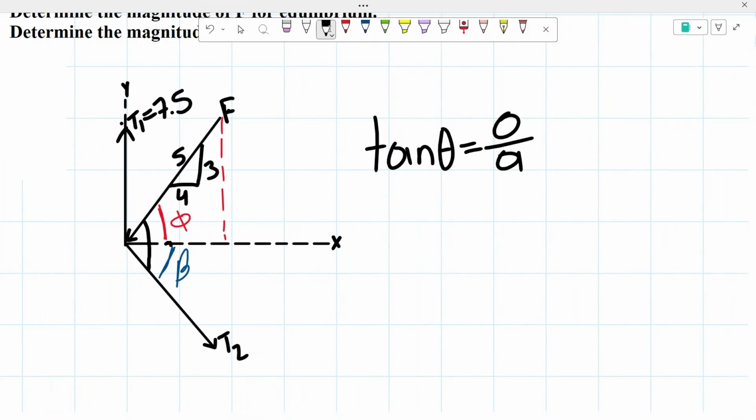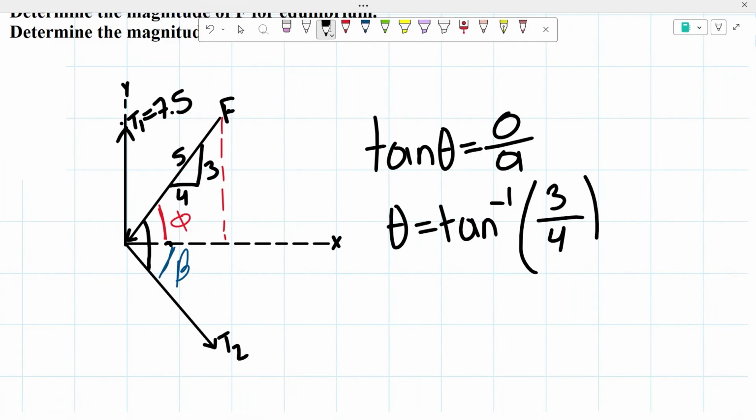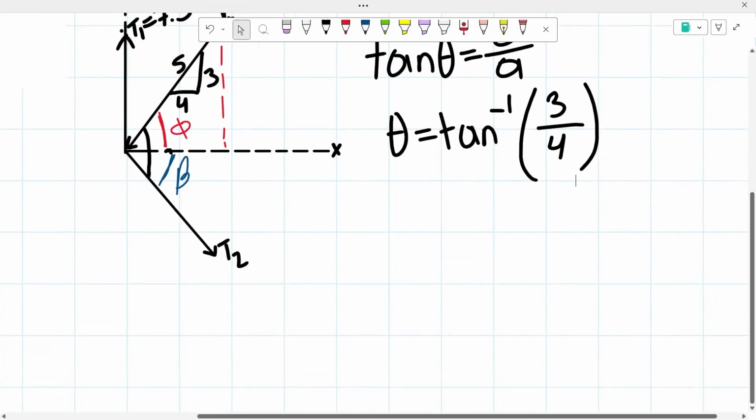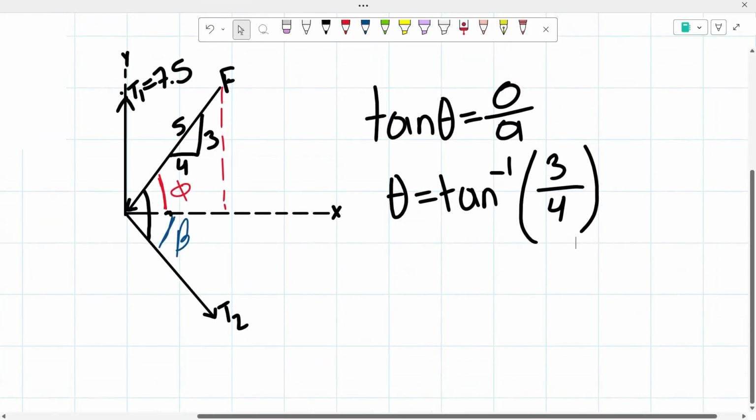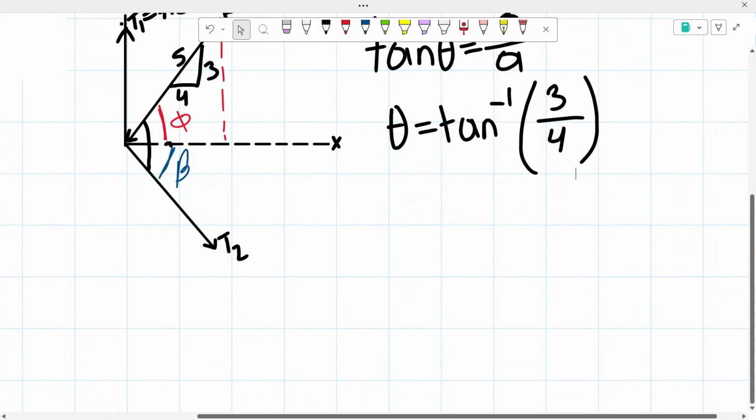If we were to rewrite that for theta, theta is equal to the tangent inverse of opposite, which is given to us to be 3, over the adjacent side, 4. Then we're simply going to plug that into the calculator. Make sure your calculator is in degrees and not in radians.